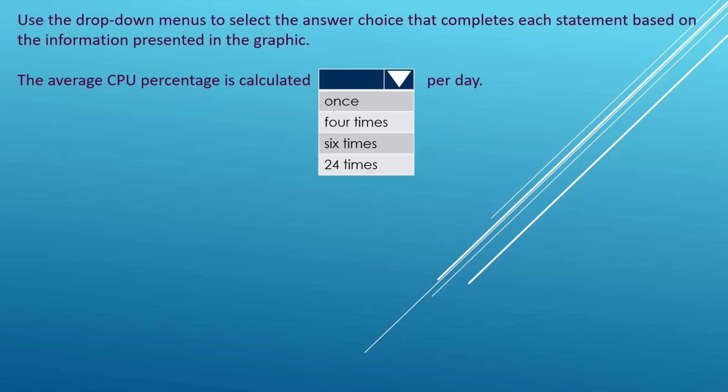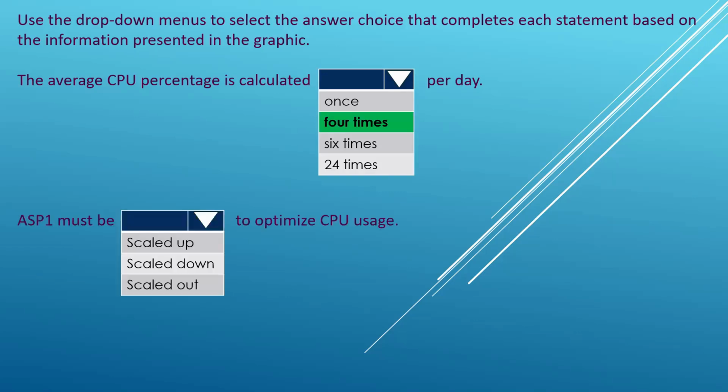And if we divide 24 by 6, that means the refresh is happening 4 times per day. Now, the next part of the question is ASP1 must be, your options are scaled up, scaled down, scaled out to optimize CPU usage. And the correct answer here is scaled up because the CPU utilization was constantly at 100%. That's what we saw in the graph.